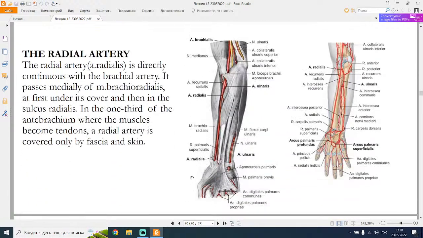Next artery, the arteria radialis. Arteria radialis is directly continuous with the arteria brachialis. It passes medially of the musculus brachioradialis, at first under its cover and then in the sulcus radialis.